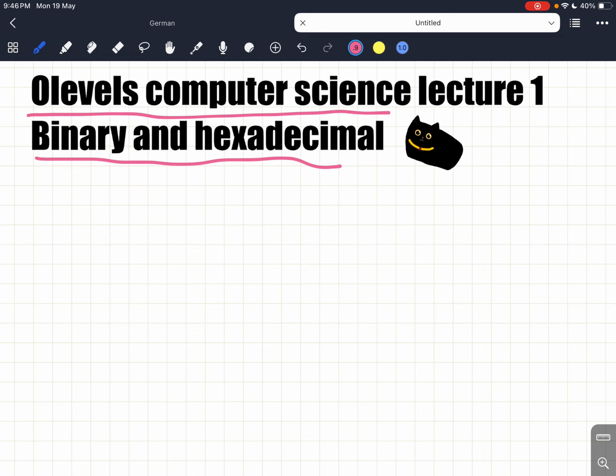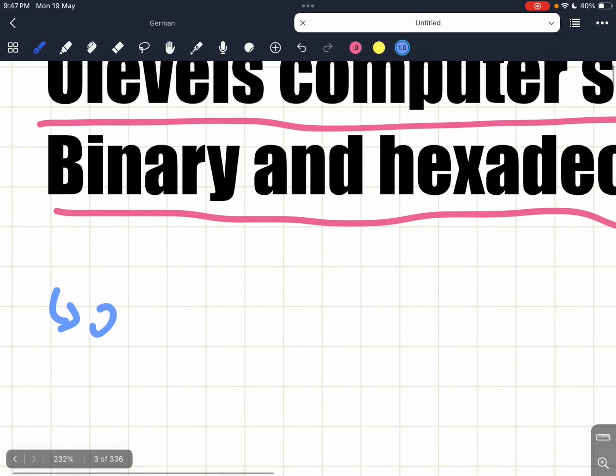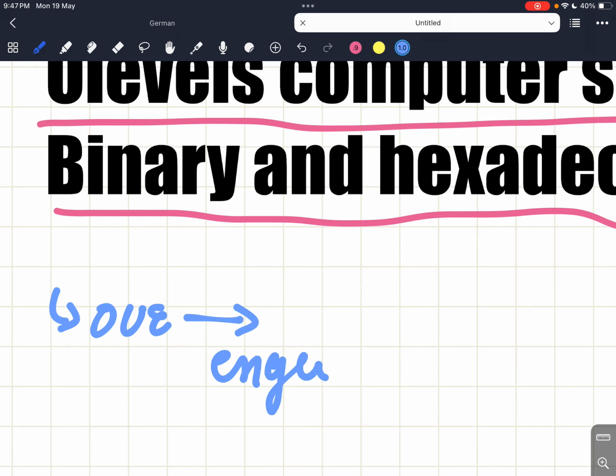We'll be learning about binary and hexadecimal, which is one of the first basic topics because we really need to learn how a computer stores its data. When you delve into learning something new, we should understand that a computer does not understand our language, which is more likely English, a very common language that we all speak.